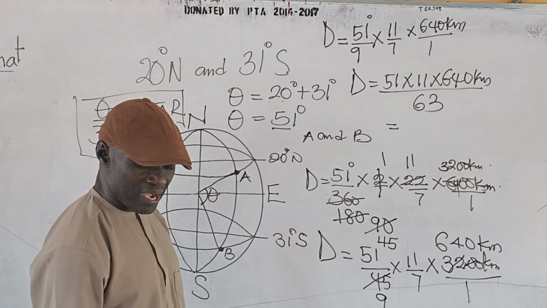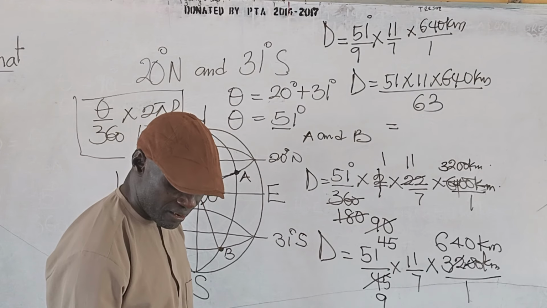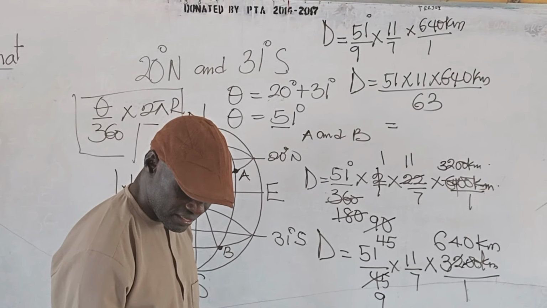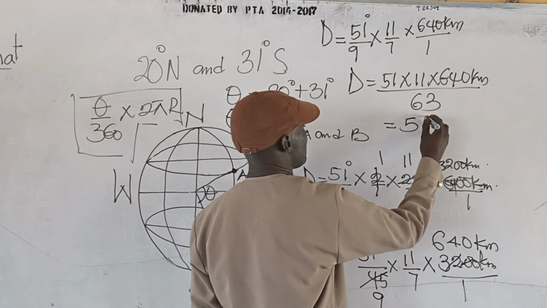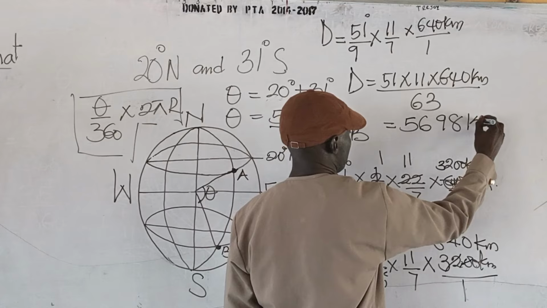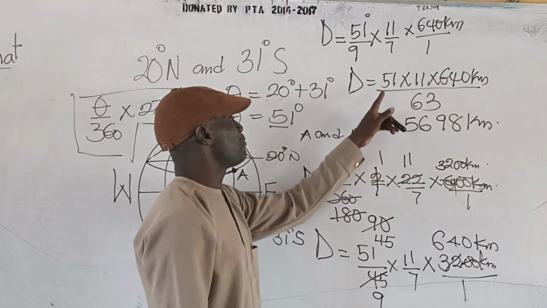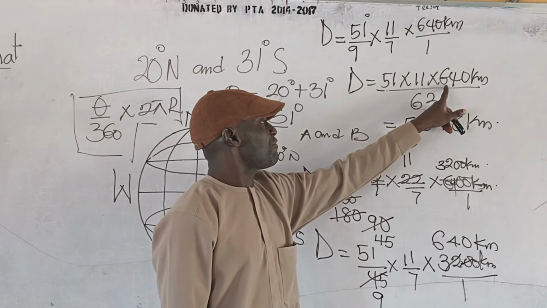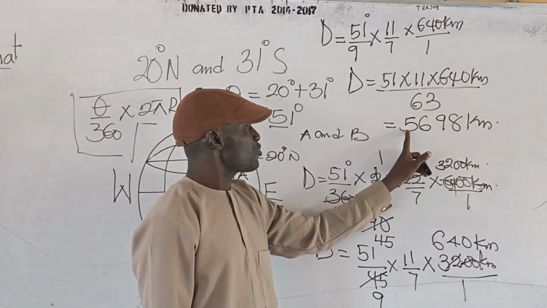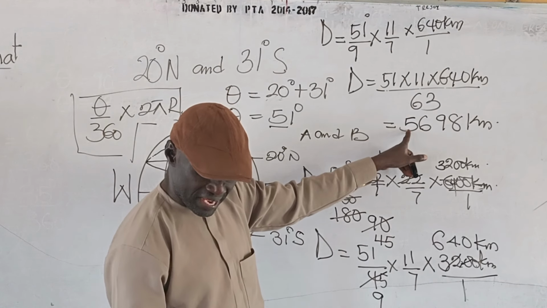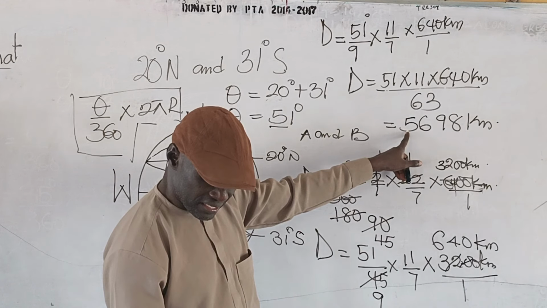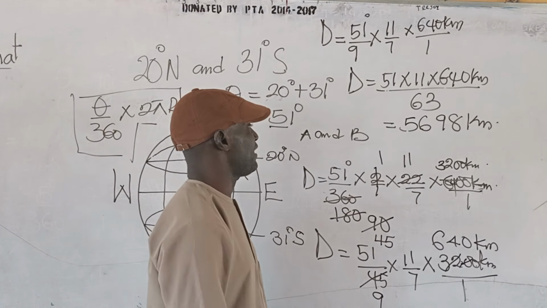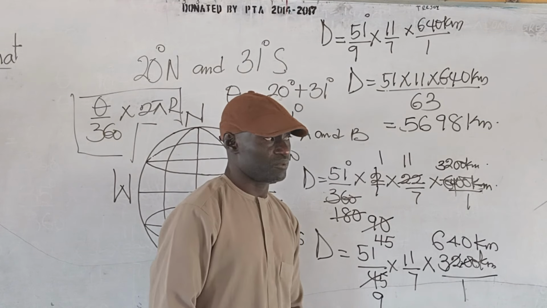The final answer you are going to have is 5,698 kilometers. I repeat, using your calculator, 51 times 11 times 640 kilometers divided by 3, the final result is 5,698 kilometers. That's the final answer for the second question.